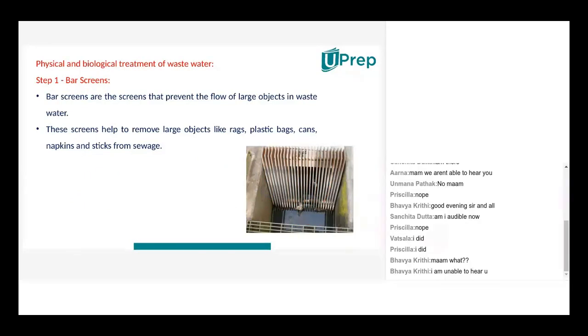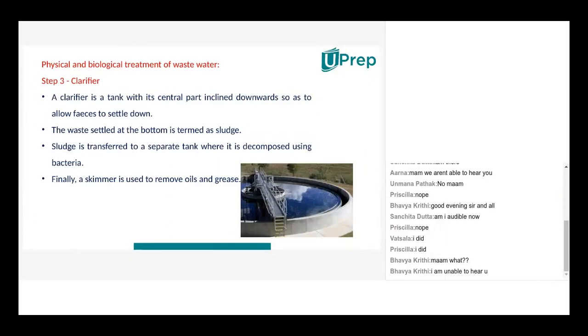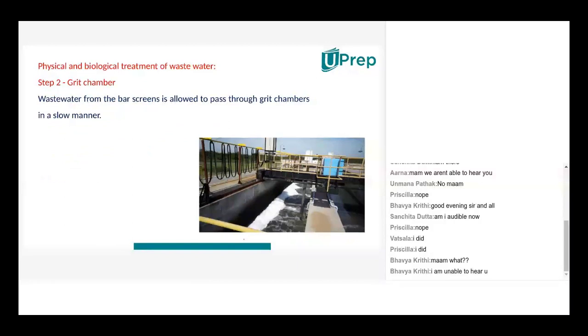Let's understand. Anna, can you please read out the second process? Step 2. Grit chamber. Wastewater from the bar screens is allowed to pass through the grit chambers in a slow manner. Correct.